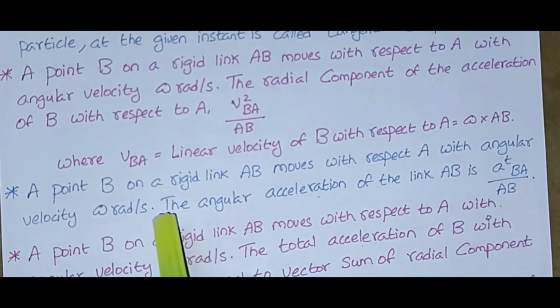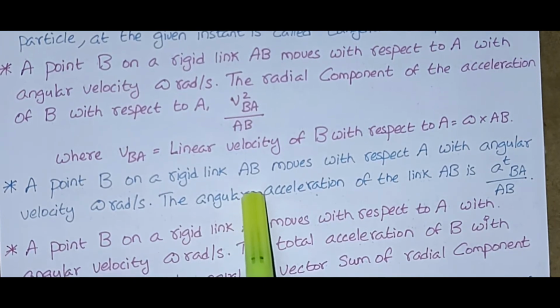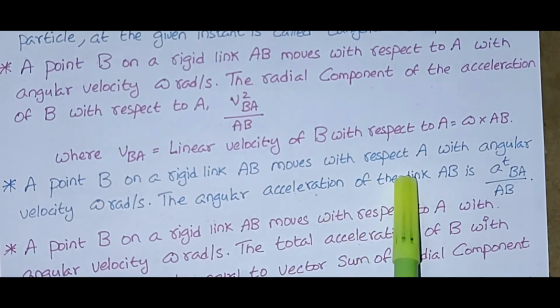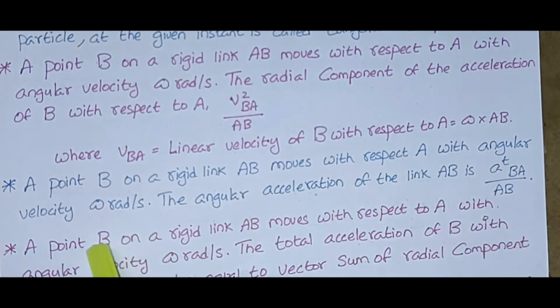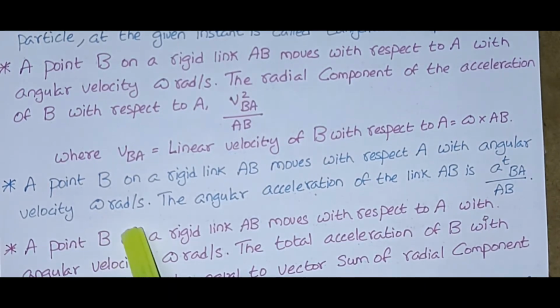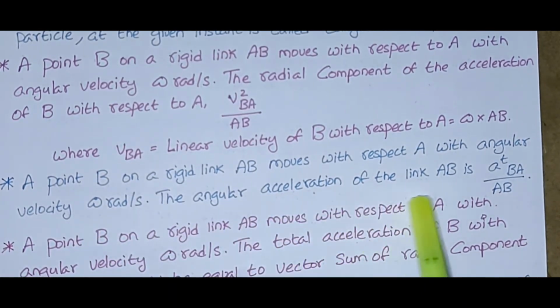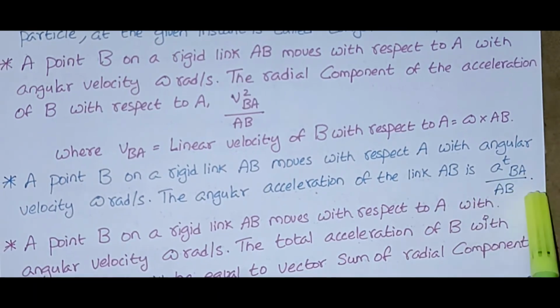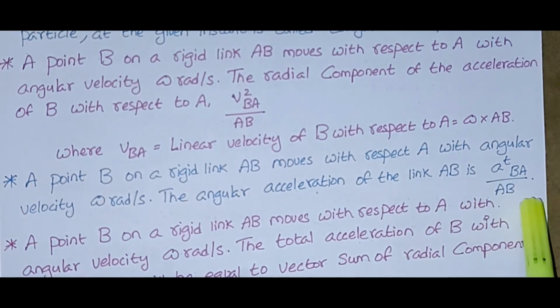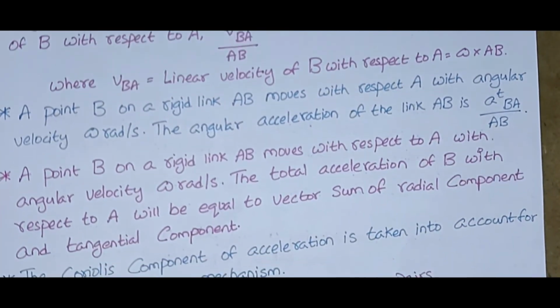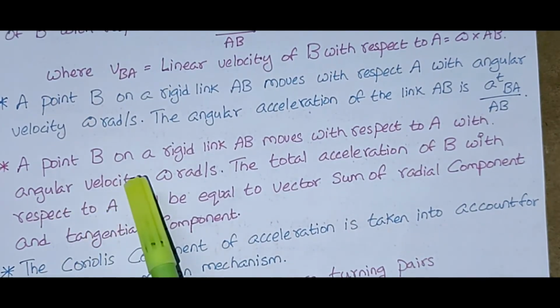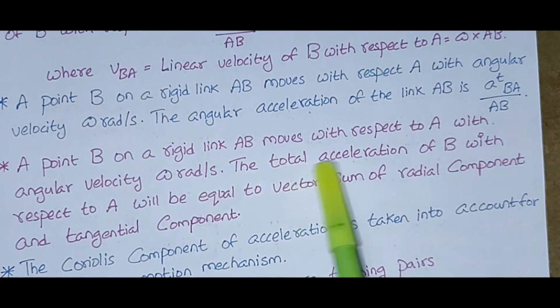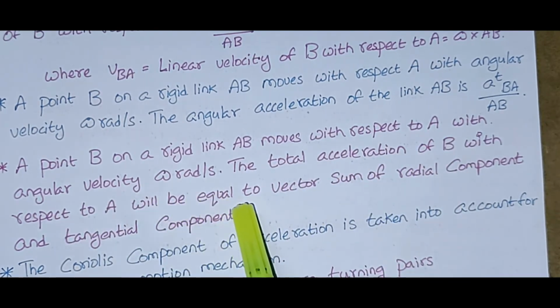A point B on a rigid link AB moves with respect to A with angular velocity omega rad per second. The angular acceleration of the link AB is a to the power t BA divided by AB. Next, a point B on a rigid link AB moves with respect to A with angular velocity omega rad per second.